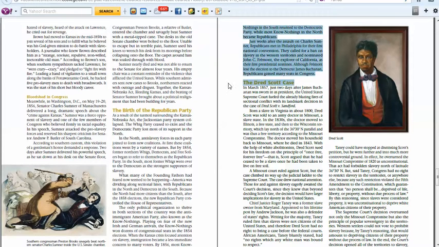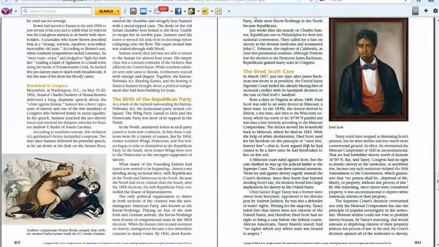The Dred Scott case is a court case that reaches the Supreme Court that had to do with whether or not slaves could be brought into a new territory with their master if it was a free territory. This case actually did go all the way up to the Supreme Court.